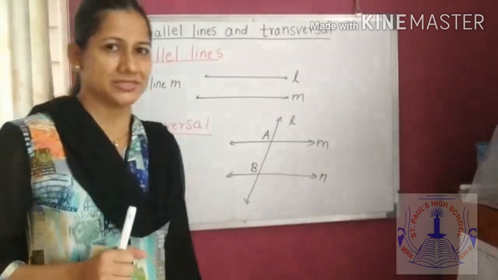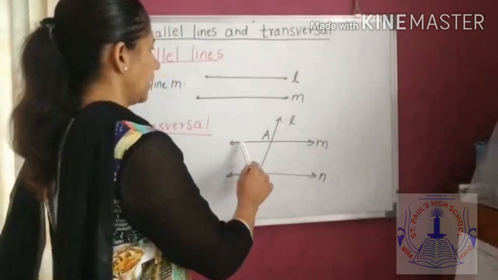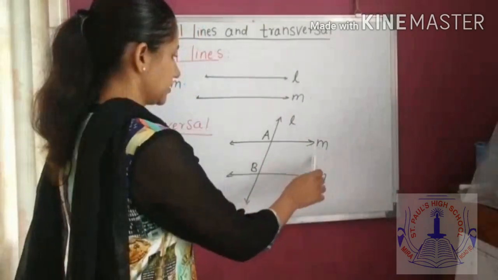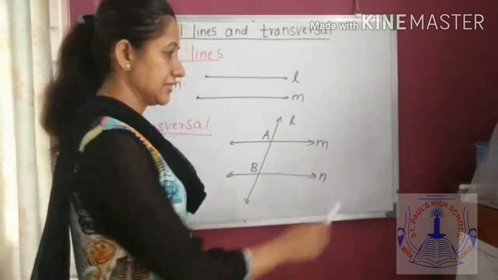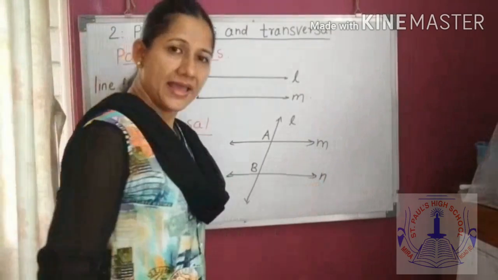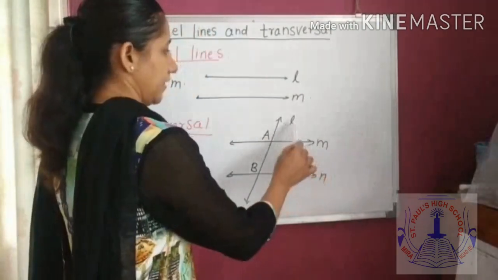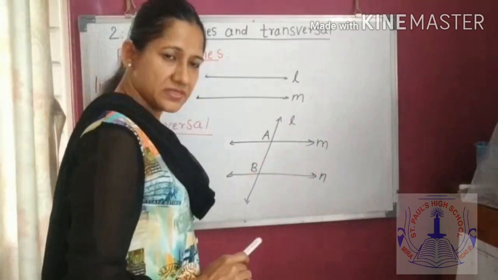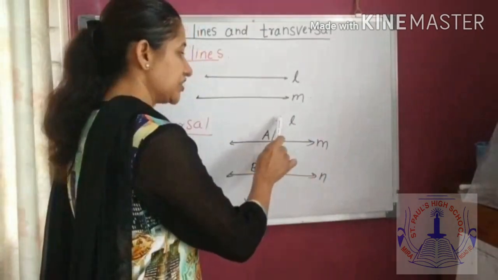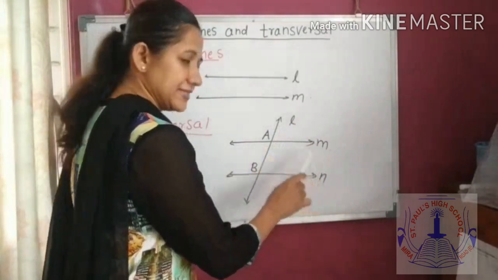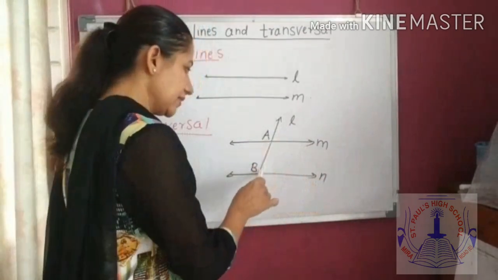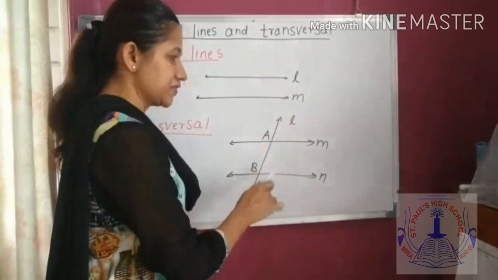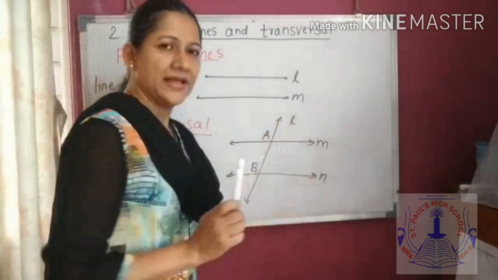So after this we have the next concept, that is transversal. Now what is this transversal? When you have any two given lines, in this case line M and line N, and another line, that is line L, a line which intersects two given lines in two distinct points is called the transversal of those two given lines.